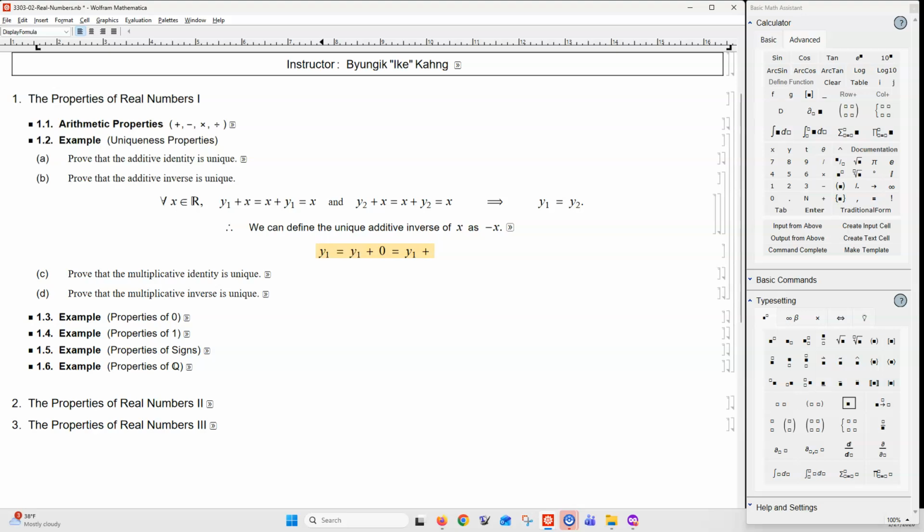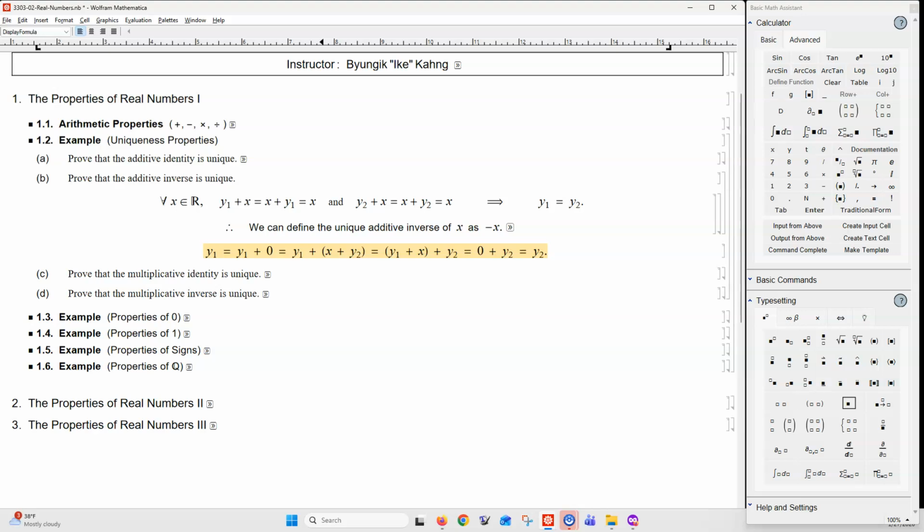So we can express this 0 as x plus y2. Why y2? Because y1 is already there. Now once we have that, it's going to be easy from this point on. I can always regroup y1 plus x plus y2 thanks to the associativity. So we have 0 plus y2, and that's y2, and that's what we wanted all along, right? y1 and y2 are the same.